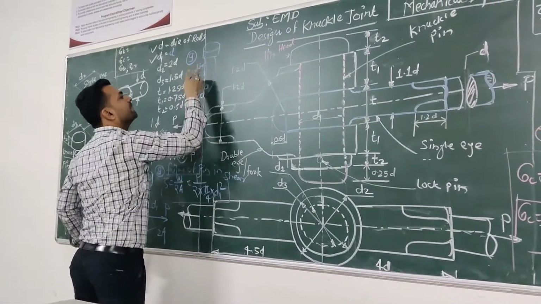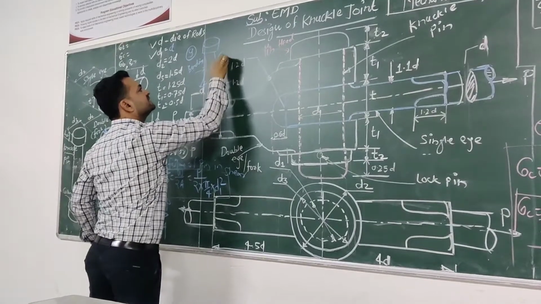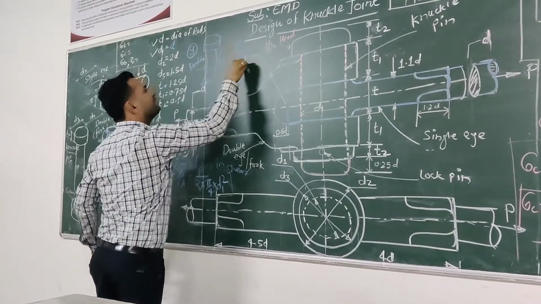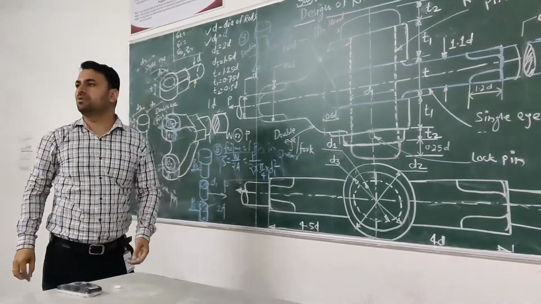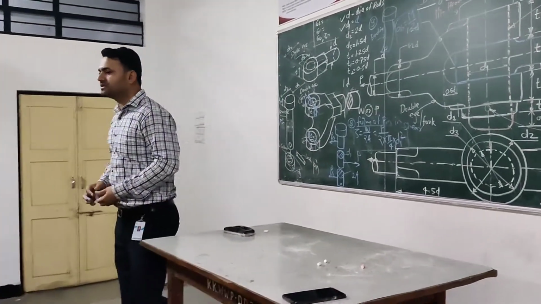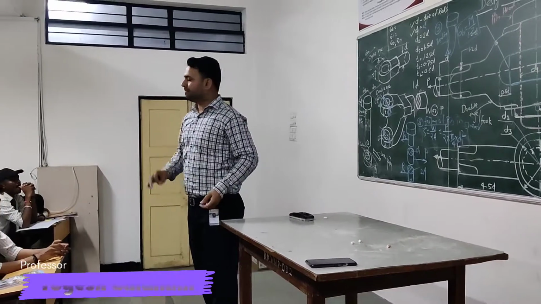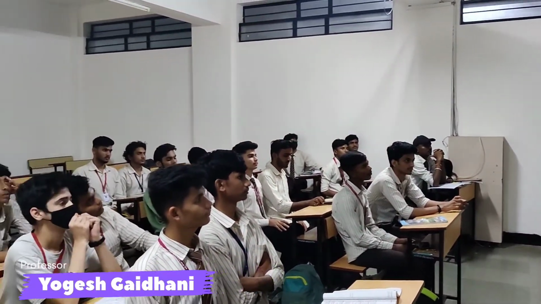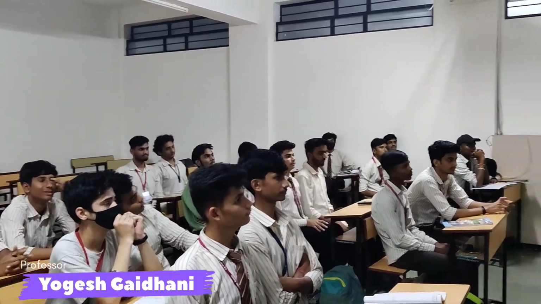So what is the bending equation? Sigma b is equal to M by Z. M is the bending moment and Z is the section modulus. And how to find the section modulus? Pi by 32 into d cubed. Okay?